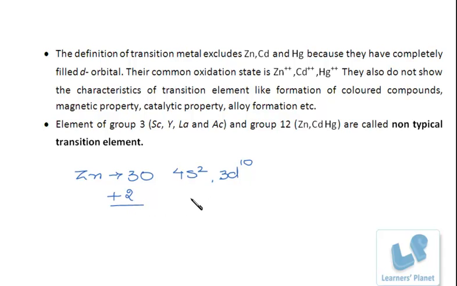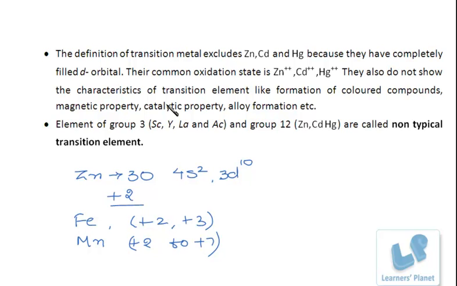Whereas transition metals show variable oxidation states. Iron shows the oxidation states +2 as well as +3. Manganese shows oxidation states ranging from +2 to +7. But zinc, cadmium and mercury do not show variable oxidation states.